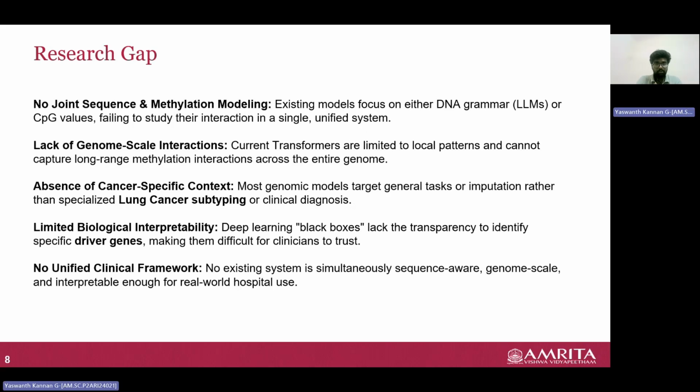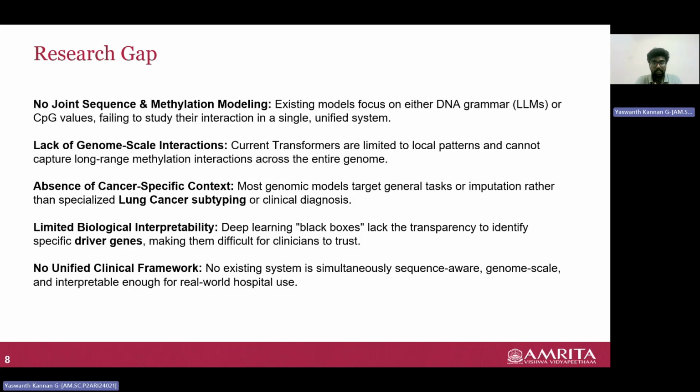Based on the papers we reviewed, several important research gaps can be identified. First, there is no joint modeling of DNA sequence and methylation data. Most existing models focus only on sequence, like transformer-based genomic models, or only on the methylation values, but not both together with the gene context data.